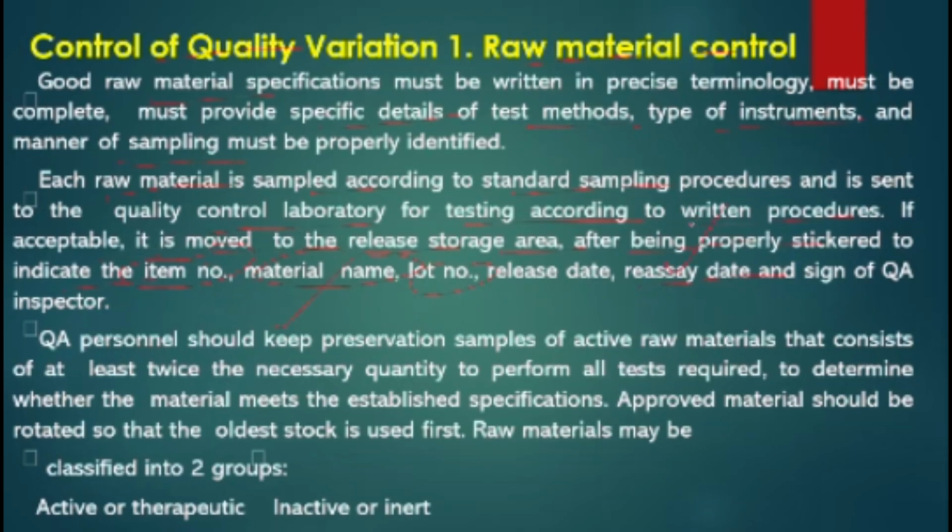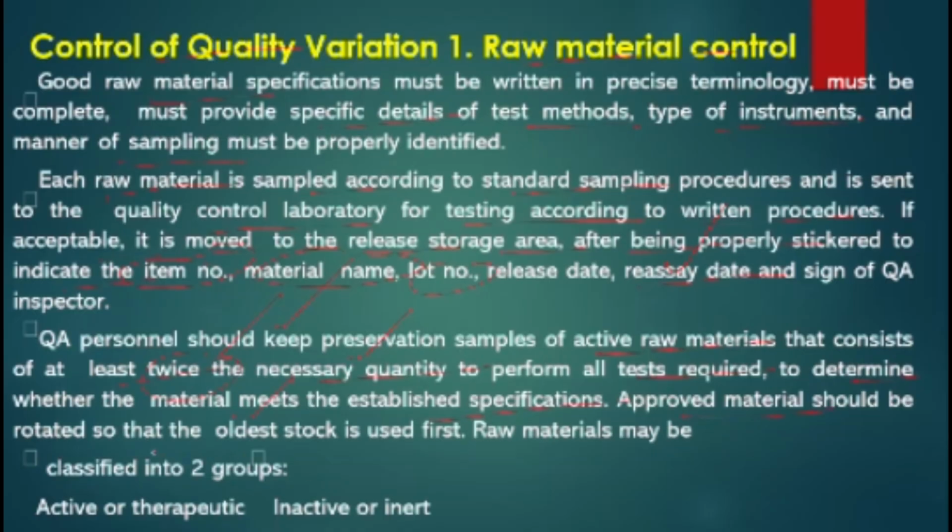Reassay means the process of retesting a material or product to confirm the quality with specific standards after a certain period. And QA personnel should keep preservation samples of active raw material that consists of at least twice the necessary quantity to perform all the tests required to determine whether the material meets the established specifications.